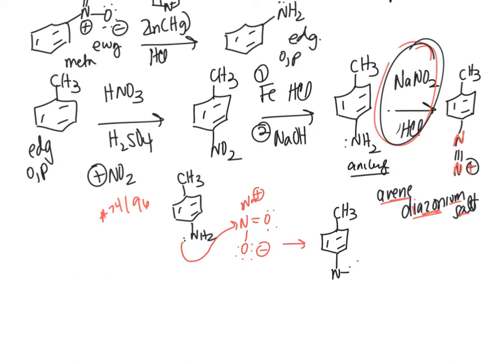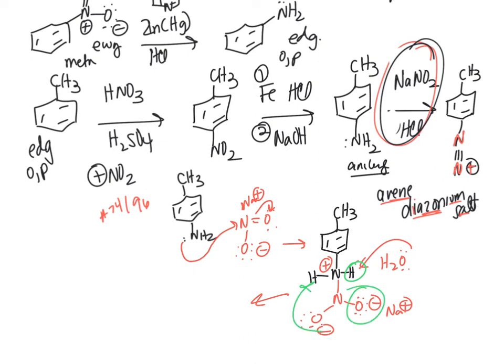So now we have N, H, we have N, O minus, O minus, nitrogen's a plus, and then water will basically take this hydrogen away, and you're basically going to lose H3O plus. It actually does this a couple of times. So you're going to lose this and this. This is going to pick up that, and you get this intermediate.